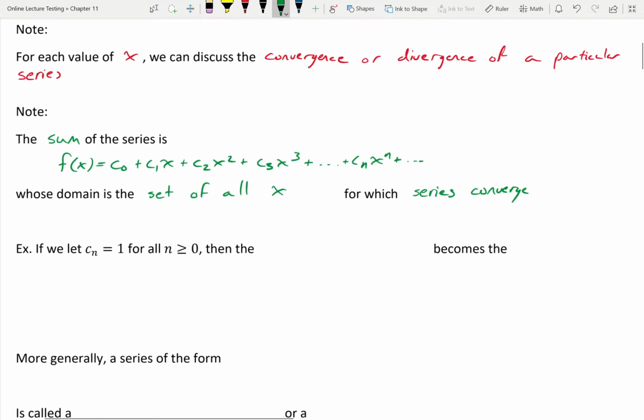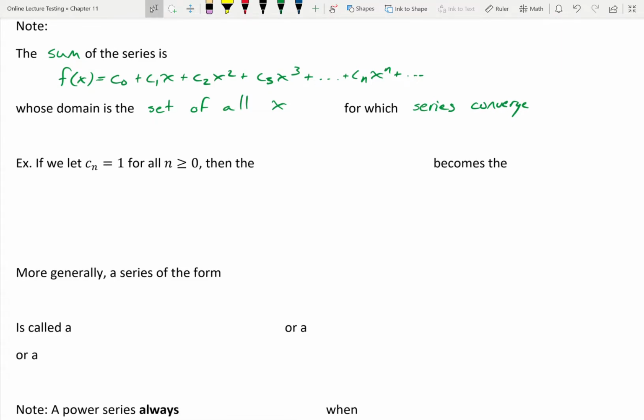Okay. So for example, if we let c sub n equal 1 for all values of n, then the power series becomes the geometric series.